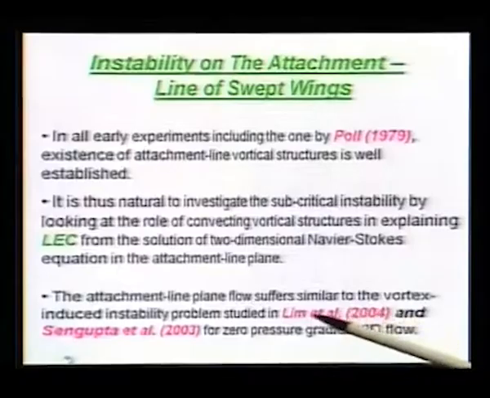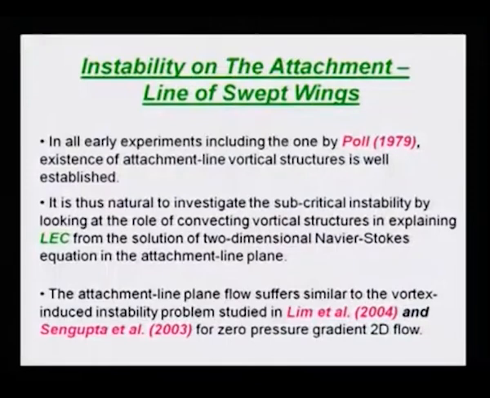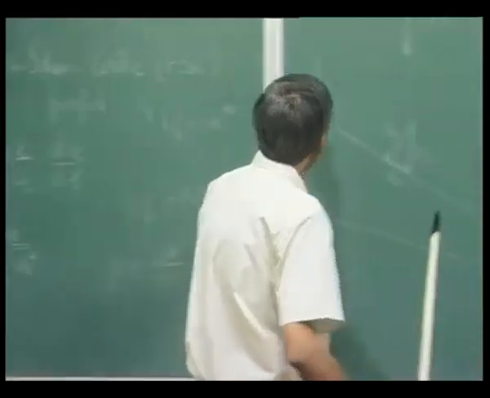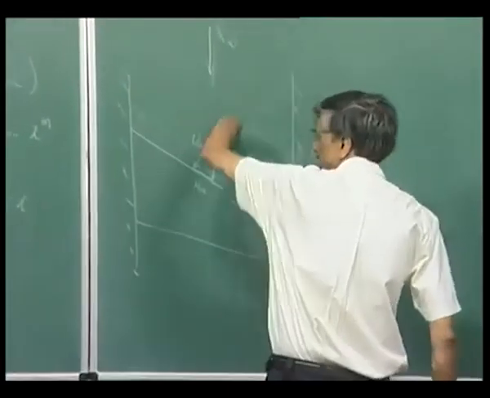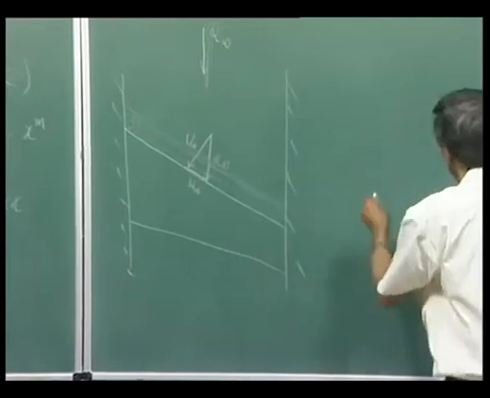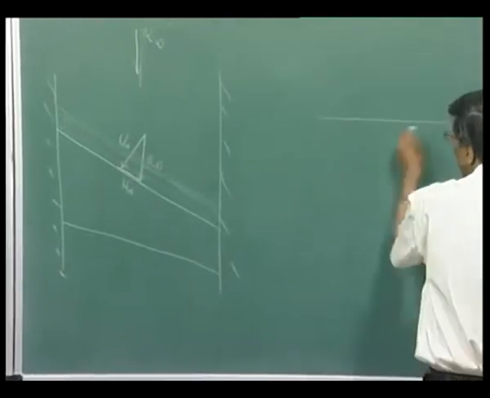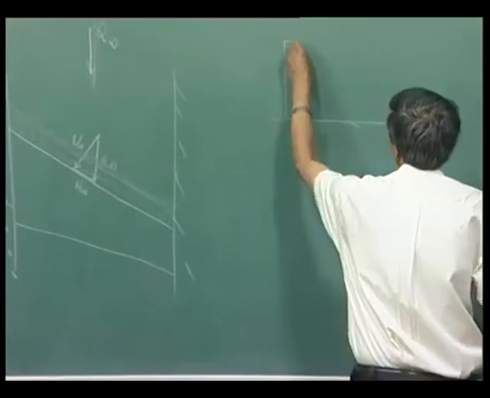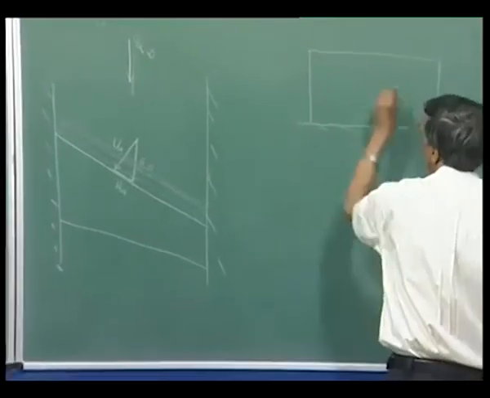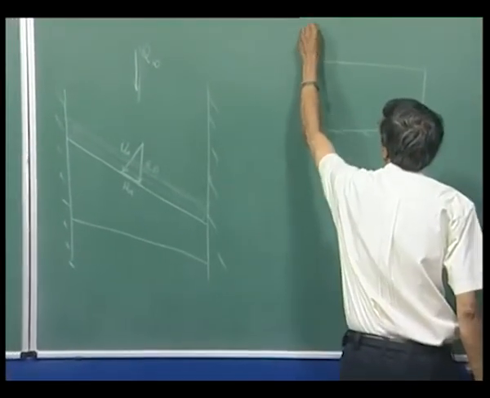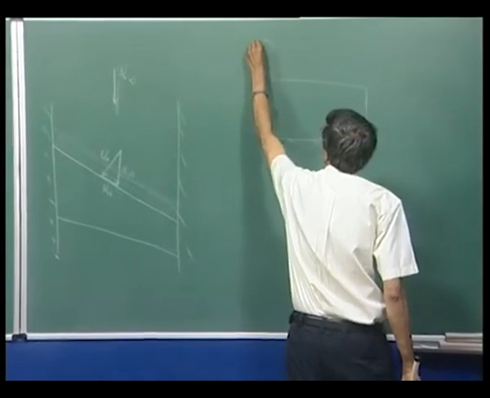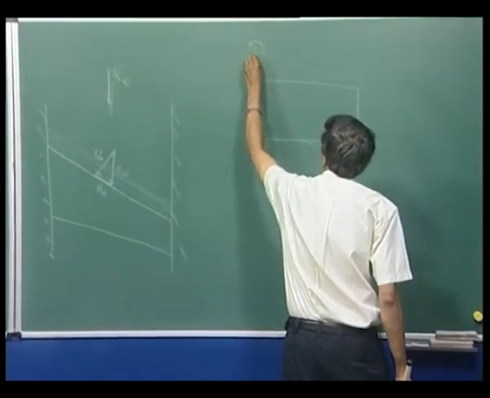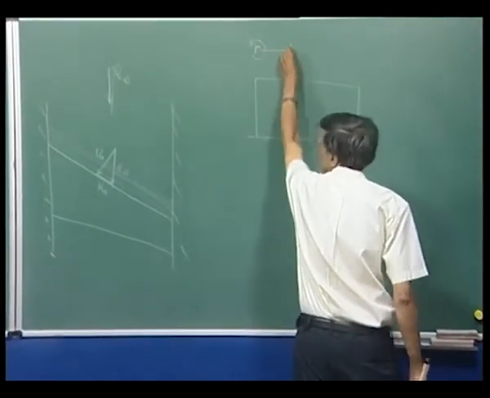So, now the situation is something similar. If I project this flow, if I look at it like this, the flow will exactly be the same thing that we have studied before. We will be talking about a flow in a box, and there are vortices going in this direction.